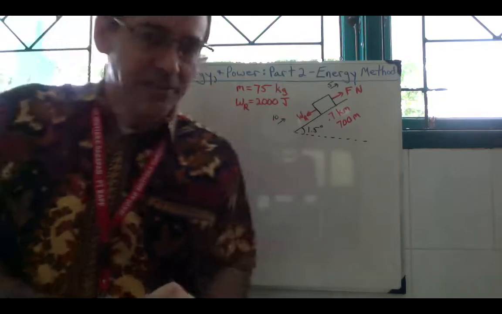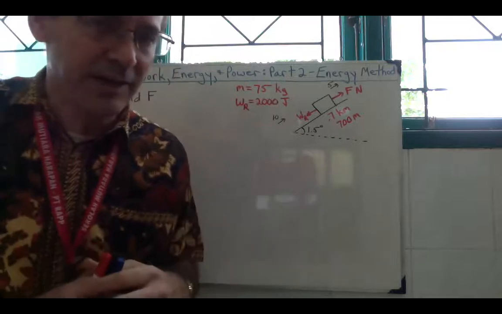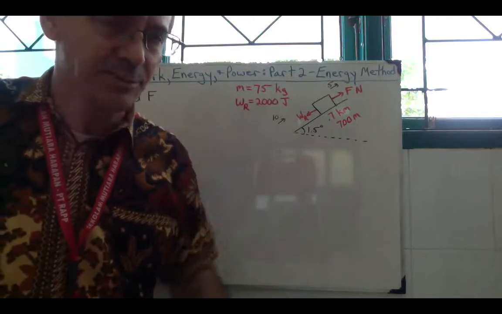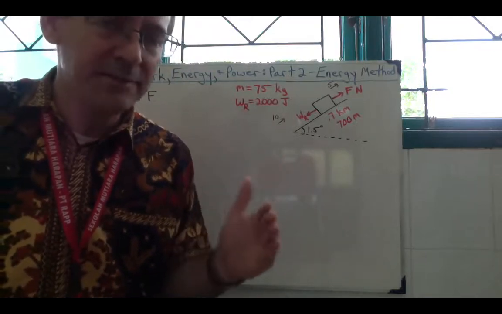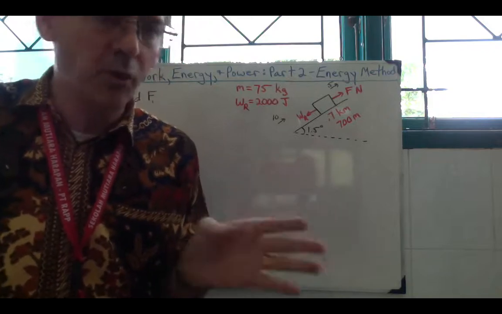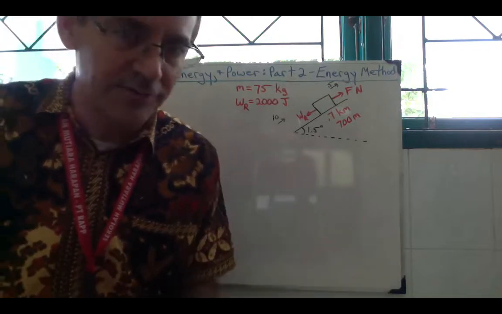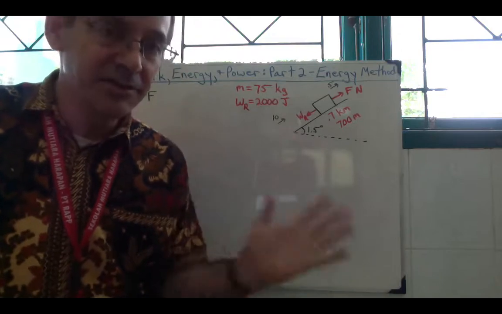Now actually, especially as you get through all these layers of the mechanics book, you will find places where you can use more than one way to solve the problem. And this is true here.